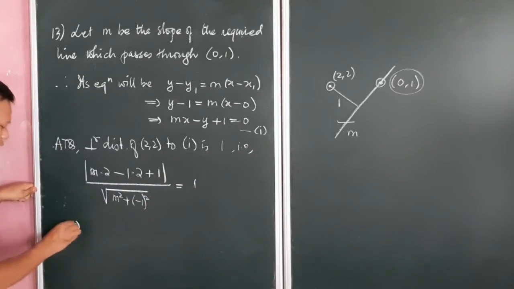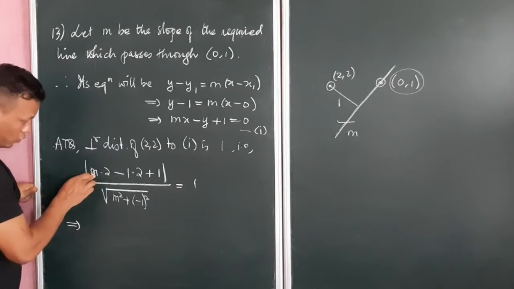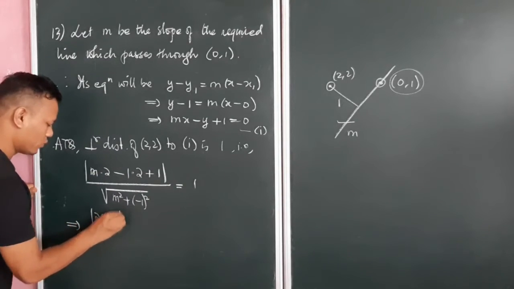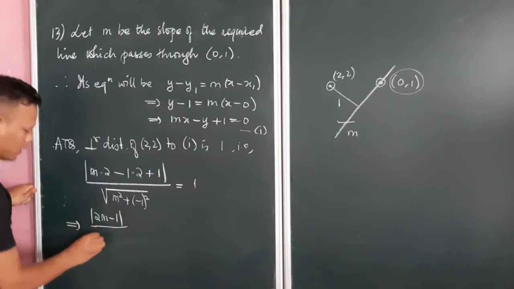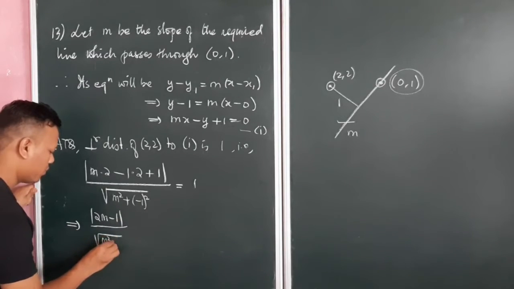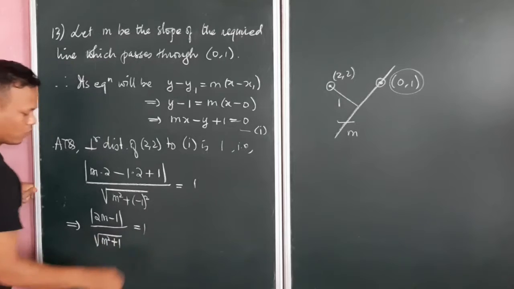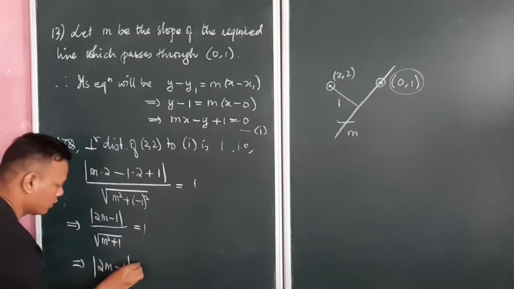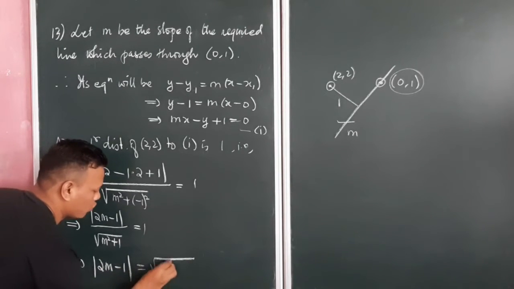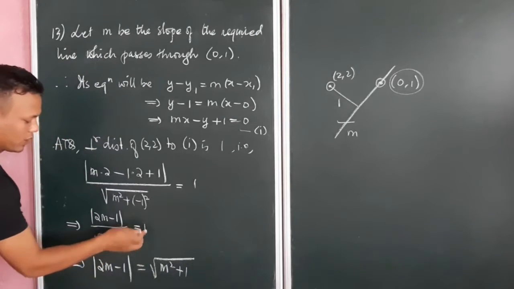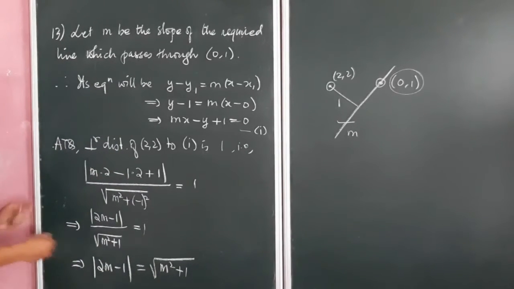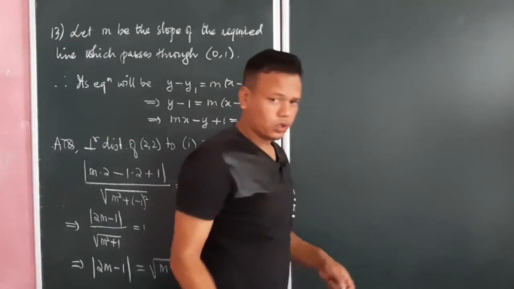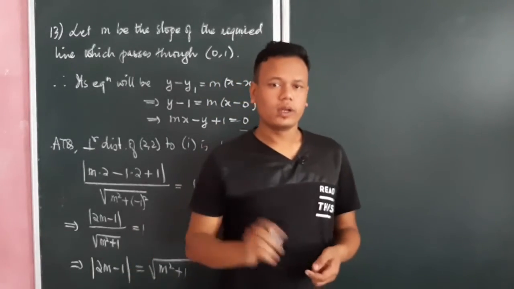So let's simplify here. 2 into m is 2m, minus 2 plus 1 is minus 1, so we have 2m minus 1 whole divided by square root of m square plus 1, equals 1. In other words, modulus of 2m minus 1 equals square root of m square plus 1.